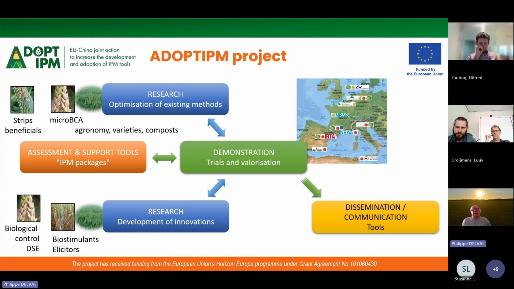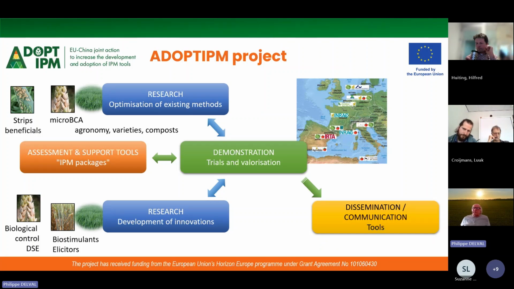Like you see in the map on the right, we have a trial network. You can see that in the north we have more trials on wheat and on leafy vegetables, from Dijon, in Belgium, Wageningen and Aarhus University represented today. But also in the Netherlands, tomato, with another colleague of Wageningen.